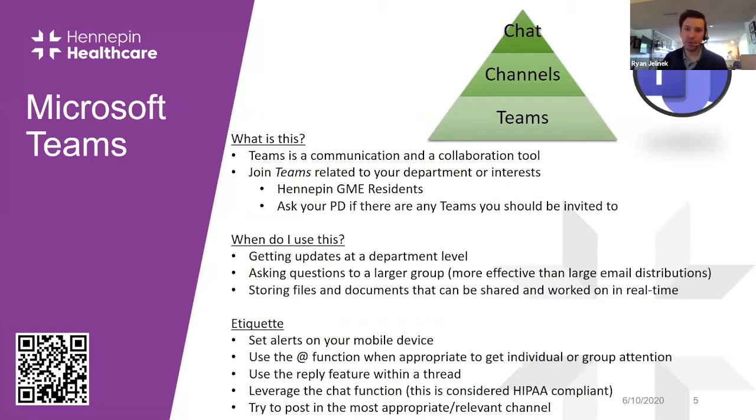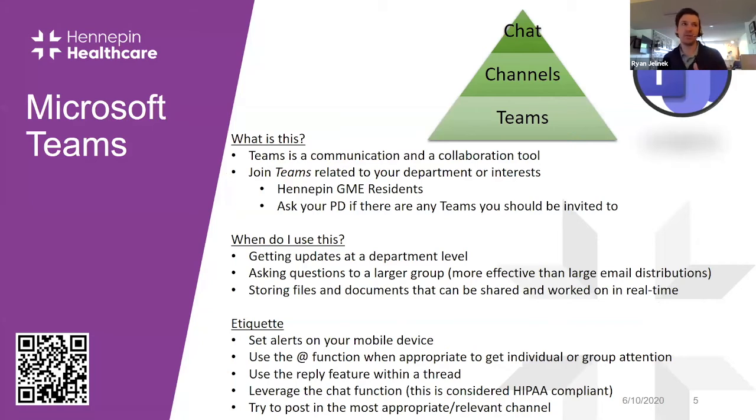So I put this pyramid here, and it shows there are different layers to Teams. Within Microsoft Teams, you can join a team. The teams right now for residents are delineated by what program you're in, so I'm hopeful that your program directors and program coordinators will invite you to the teams that you need to be a part of. Within a team, there are several channels.